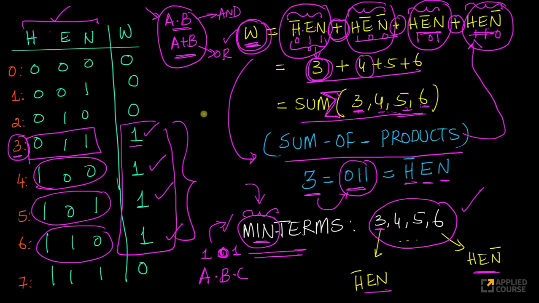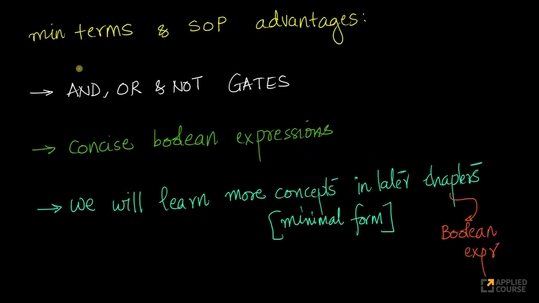So, given that we have some basic understanding of sum of products using minterms, let's understand a very simple question. Why do we care about representing things using minterms and as sum of products? There are basically a couple of advantages. One, obviously, is that it's a much more concise, crisp, shortcut way, like a short form of representing Boolean expressions.